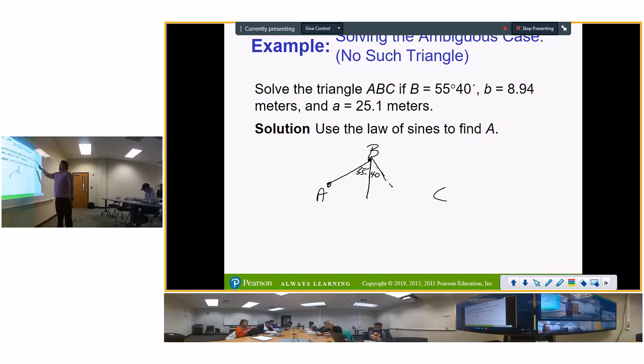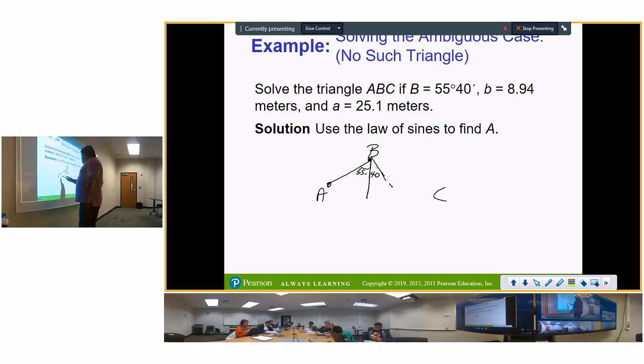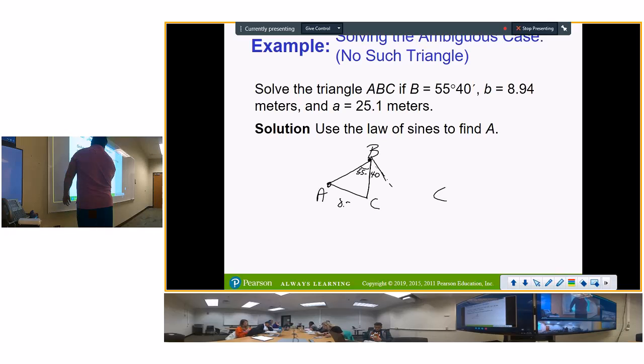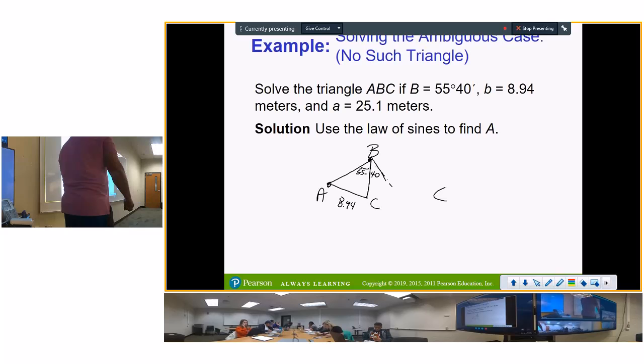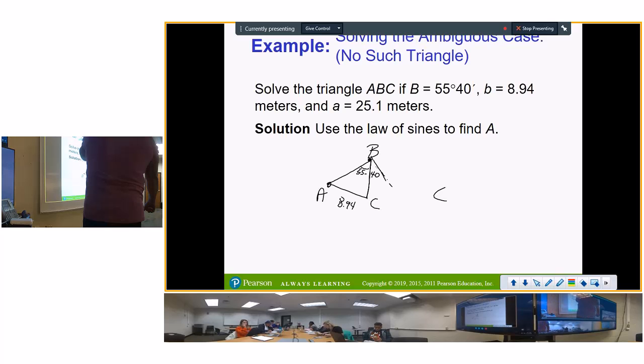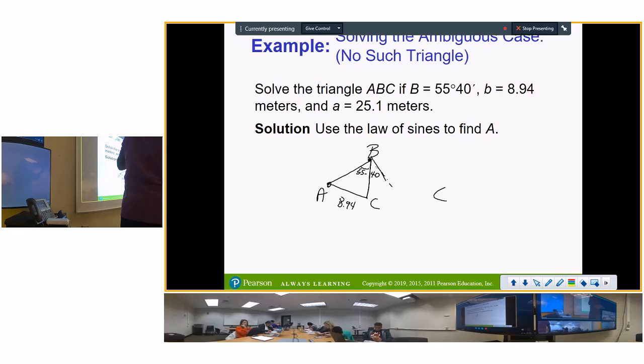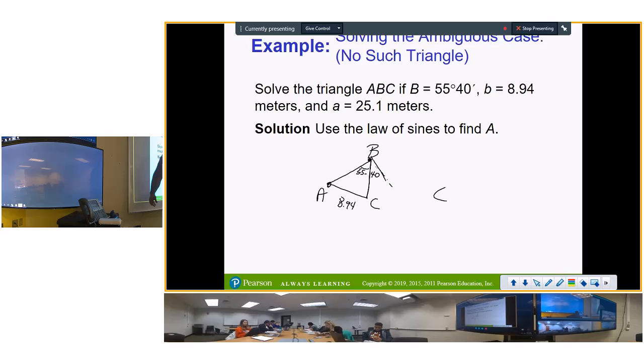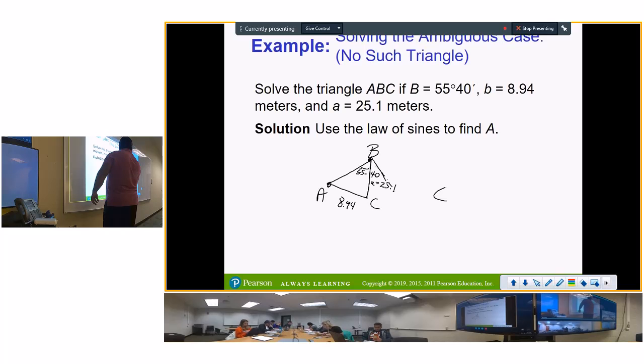Side b, which is across from this angle, is 8.94. I don't really care about units at this point because what you're doing is making a picture out of nothing. Okay? And a, which is across from this angle, is 25.1. So now I go over here and I erase everything.